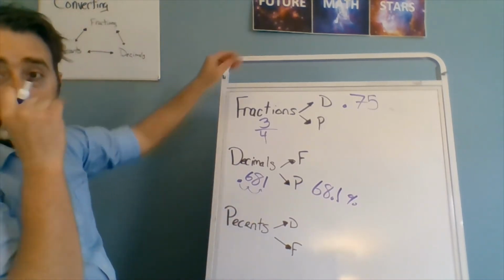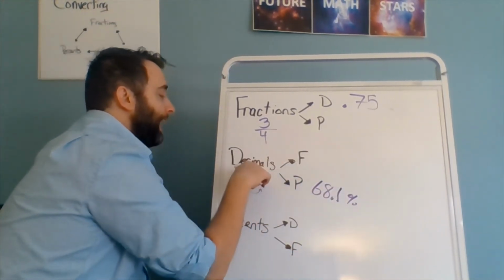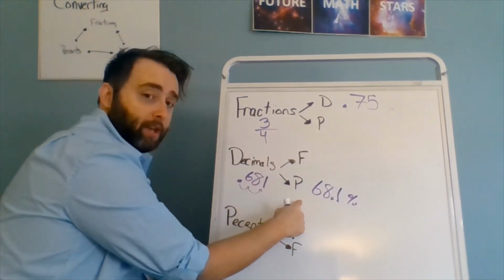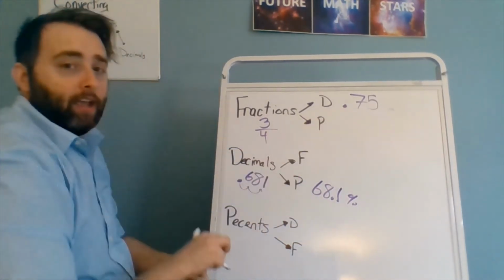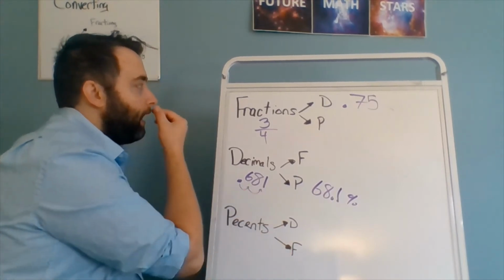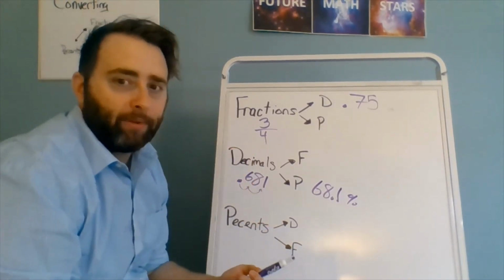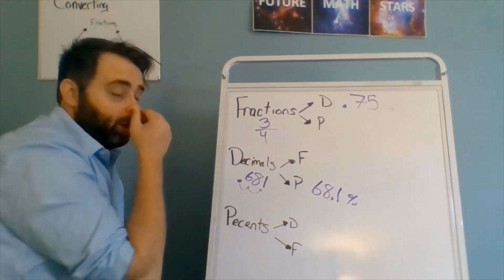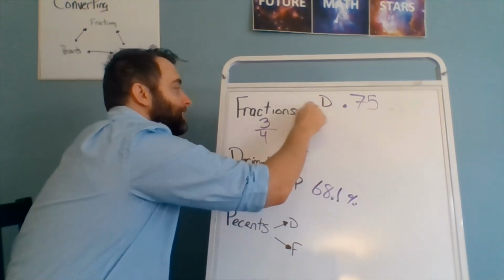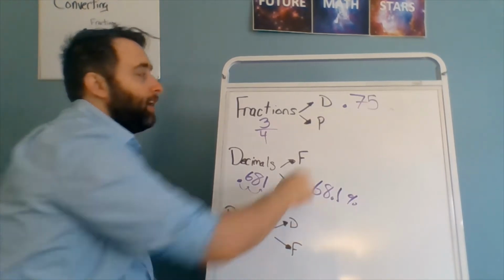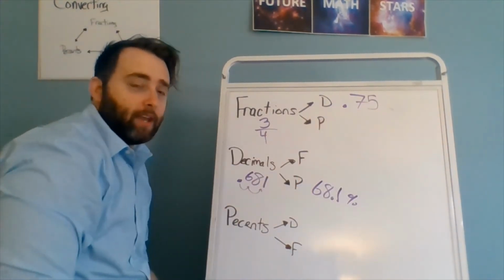So here we go. Using now this information we know about decimal to percent, let's go back up here. If I know 0.75 is the decimal version of the fraction, I can then go from decimal to percent.